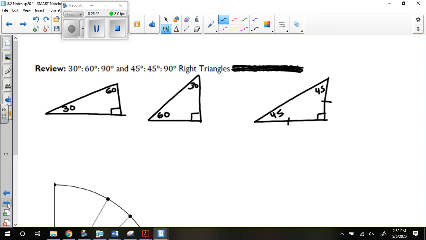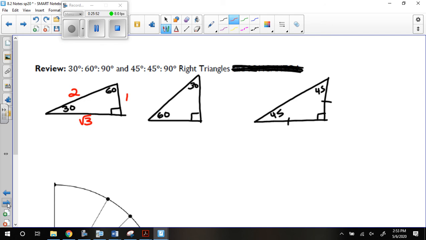Okay, this is your formula for a 30, 60, 90. On the side opposite the 30, you have a side length of 1. On the hypotenuse, it's double that, which is 2. And on our side opposite the 60 degrees, it's square root of 3. So I'll put the exact same thing on my second triangle here.